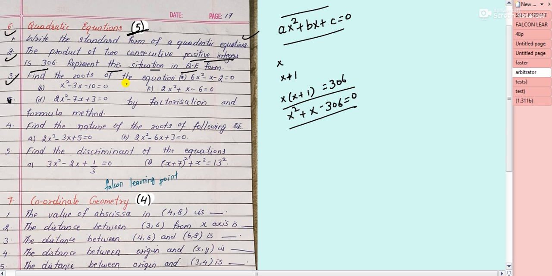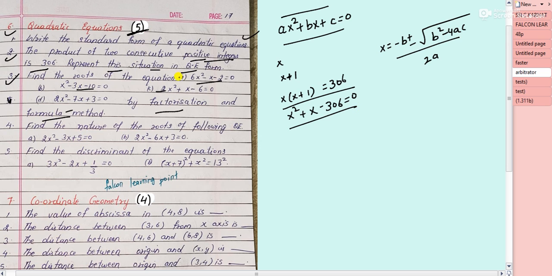Next question. Find the roots of these four equations by factorization or formula method. I hope you know the formula method. What is the formula? x is equal to minus b plus or minus root of b square minus 4ac divided by 2a. Got it?